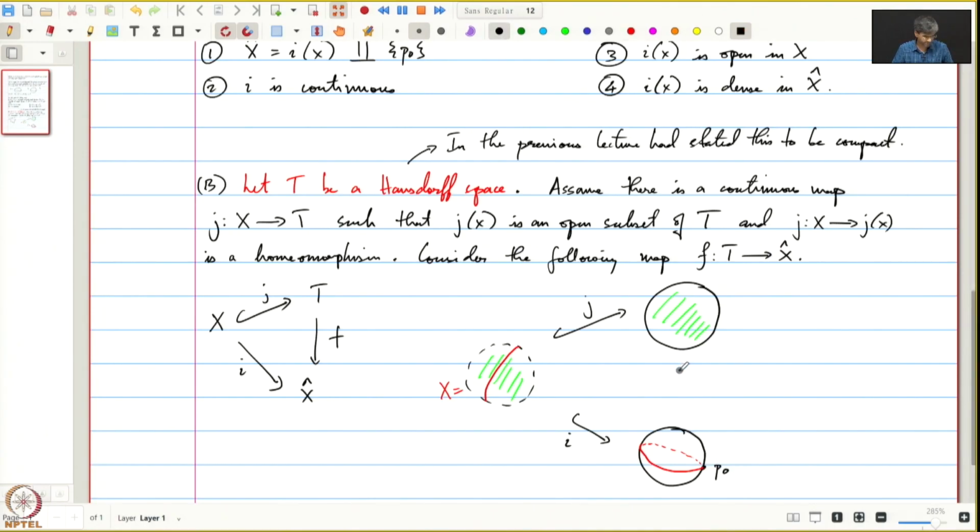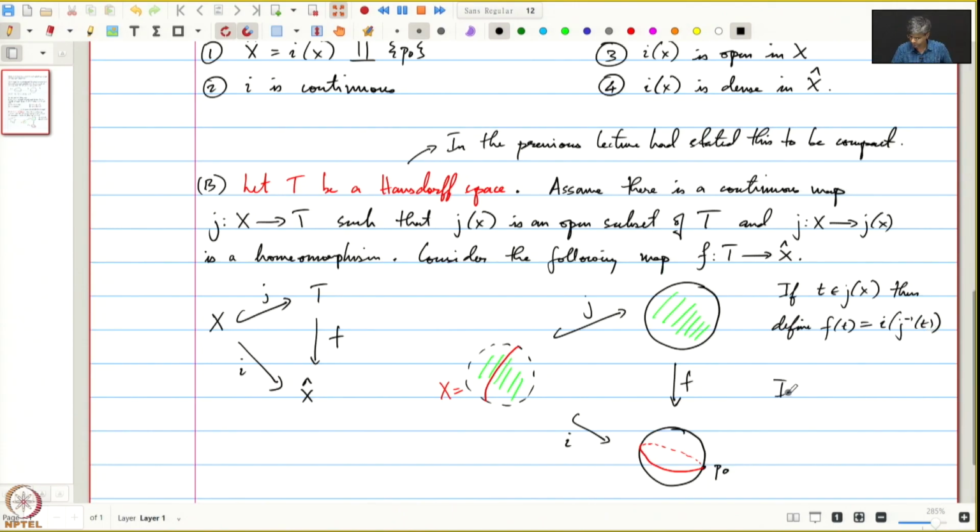Okay, so we define the map F as follows. If T is in J of X, then define F of T to be equal to I of J inverse T. This makes sense because J is a bijection from X to J of X. So if T is in J of X, then there's a unique J inverse T, and we can just apply I to it.